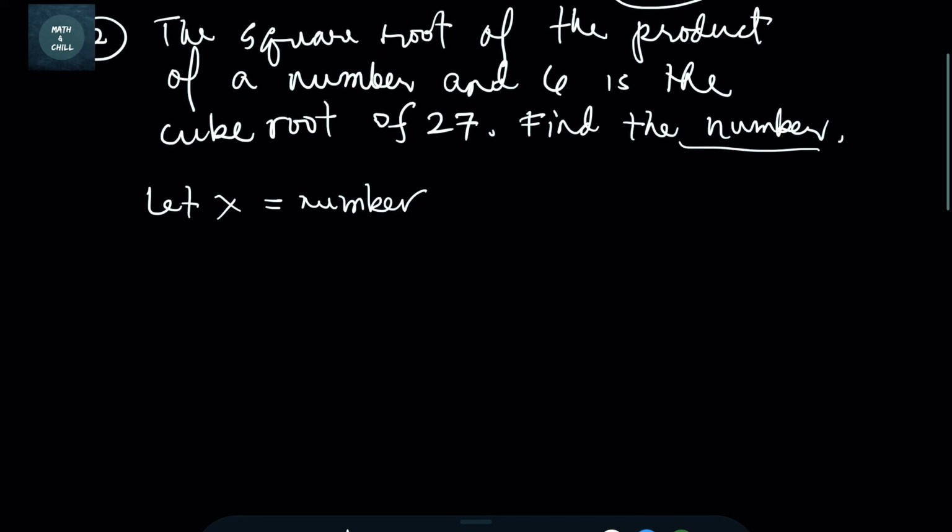So the square root daw of the product of a number. Product of a number means multiplication. Multiply number and 6. You have to multiply number, which is x, and 6. So 6x. The square root of the product of x and 6. That is square root of 6x.